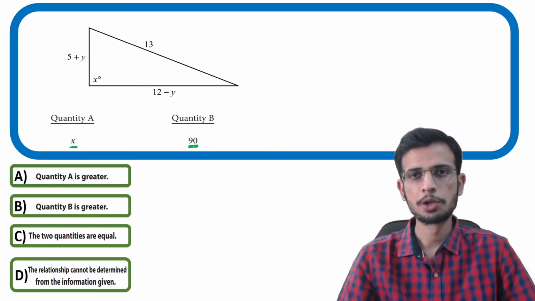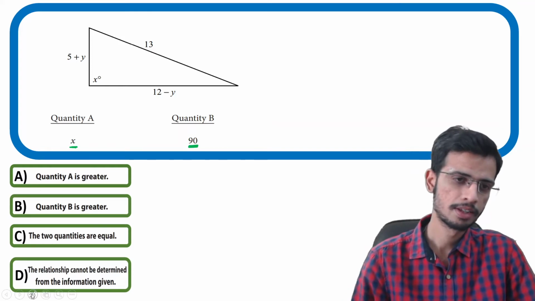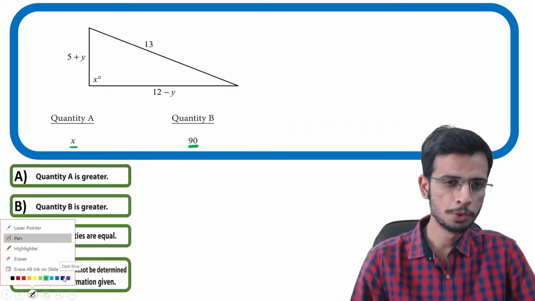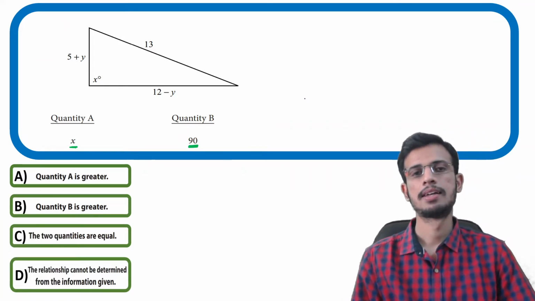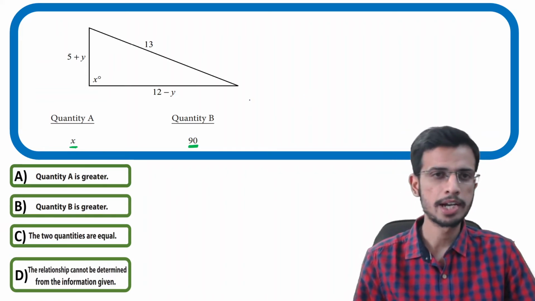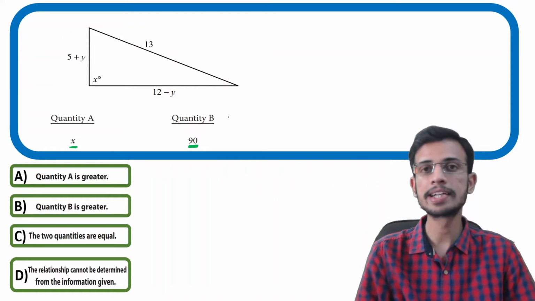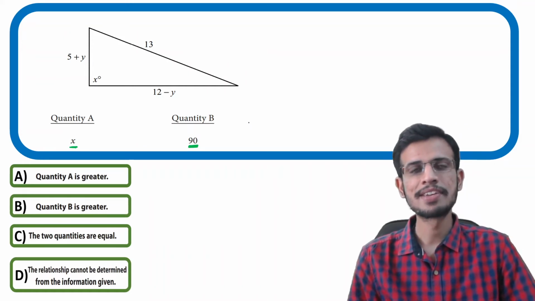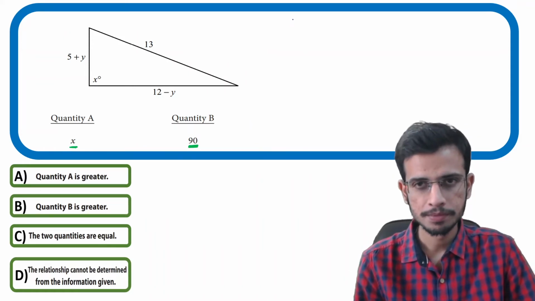You can also use Pythagoras theorem, right? So let me help you to solve this question. Let us put the value of y by saying 5, 12 and 13. You will realize we can put the value of y equal to 0.